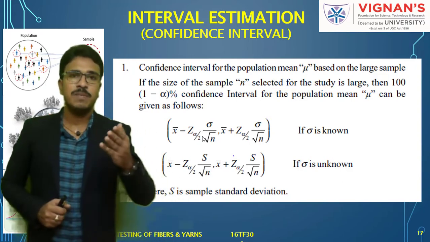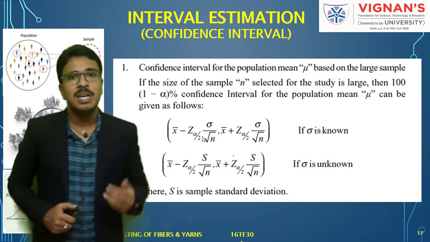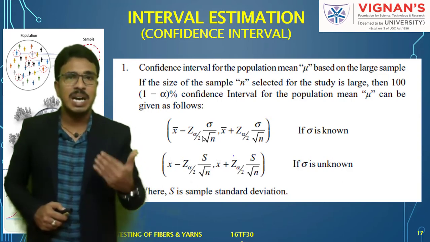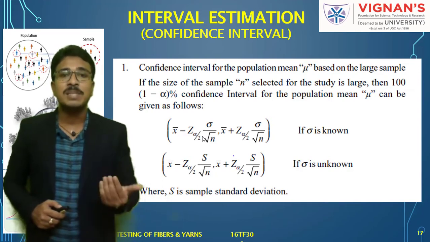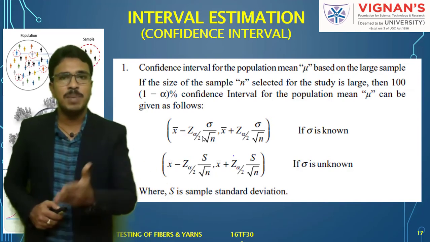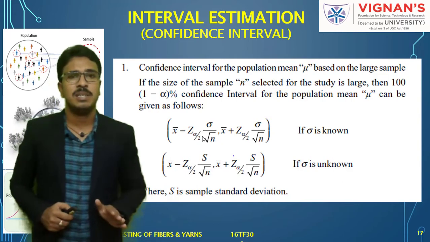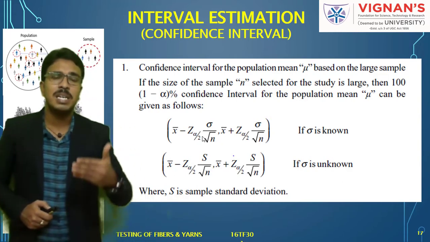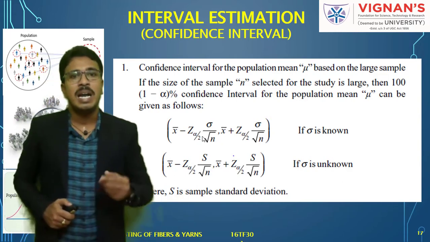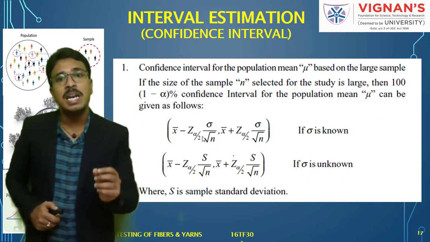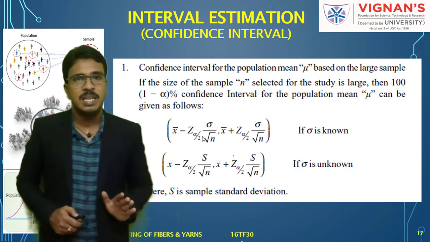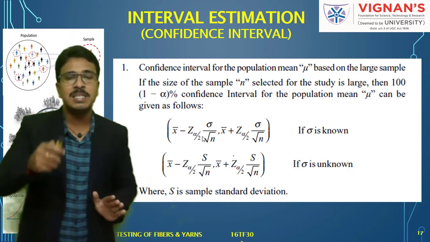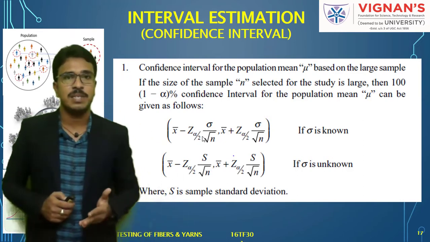If you look at the formula, x bar minus z alpha by 2 sigma divided by root n, comma, x bar plus, instead of minus here plus will be there. That is the only difference. Here x bar is our sample mean and s is sample standard deviation. This sigma is population standard deviation.